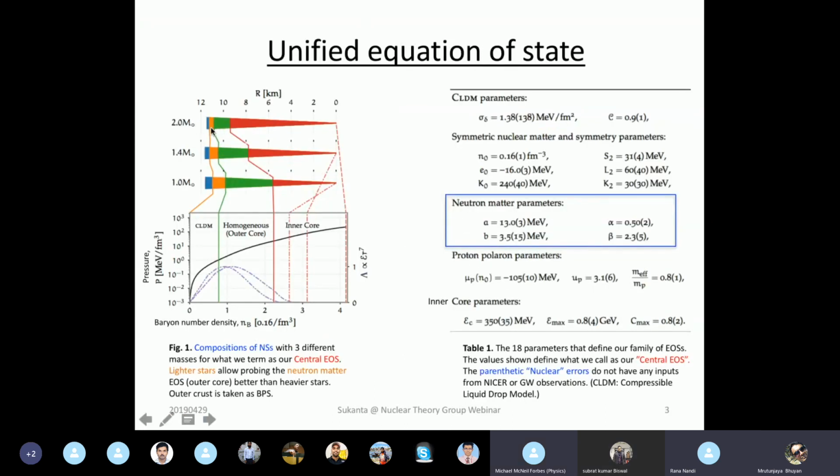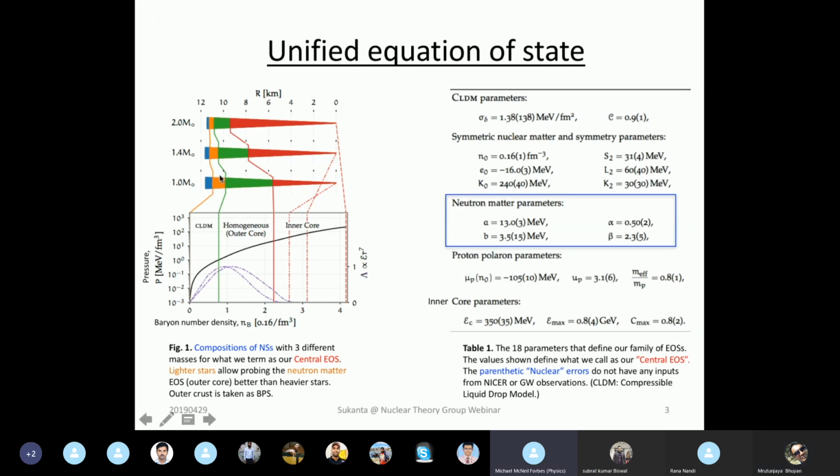So this distinction that we have here is based on whether or not you have homogeneous nuclear matter, that's the outer core, or whether you have nuclei with an embedded neutron gas, that's listed as CLDM, that would be the inner crust, versus just pure nuclei, which would be the outer crust. Okay. So those densities come out based on our parameters. If you change the parameters, the transitions change. Okay. Is this based on the density or any other factor?